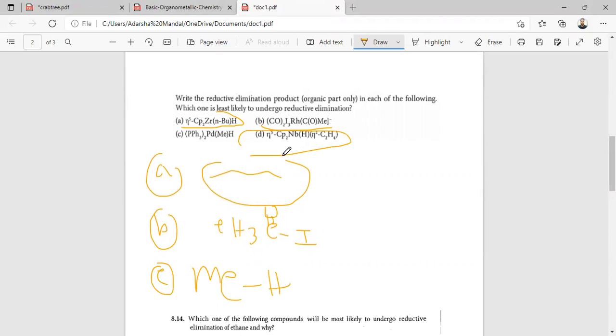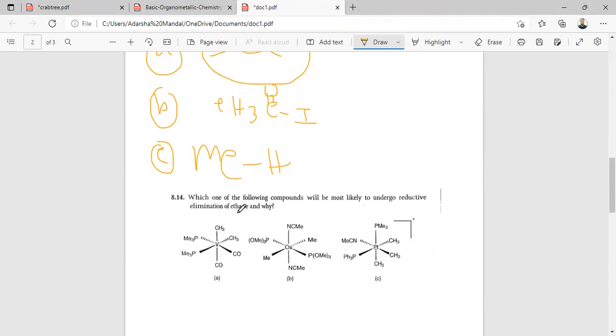For case D, reductive elimination does not occur, because here no group can be eliminated, and also the niobium 1 and 3 redox couple is not easily accessible. So for this case D, no reductive elimination will happen.